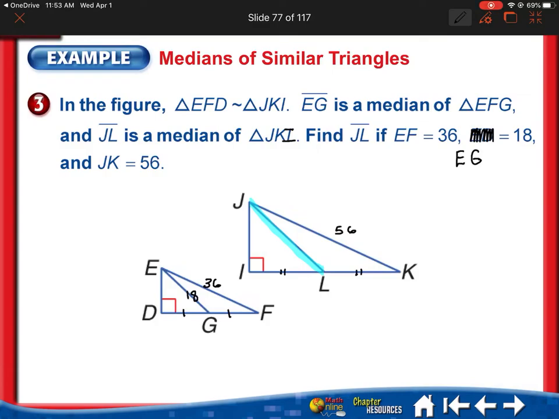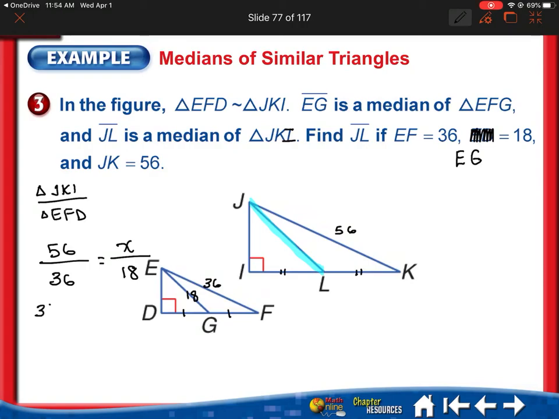So now we can do side over side equals median over median. So I'm going to do triangle JKI up top. Then I'm going to do triangle EFD down at the bottom. So for JKI we'll do 56 over 36 equals JL, which we don't know, so I'm going to call that X, over 18.